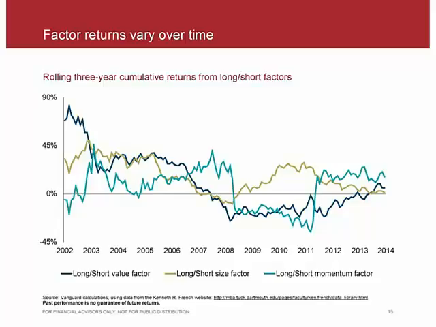To pick one as an example, the dark blue line, the long-short value factor, you can see from around 2008 to around 2014 had a negative cumulative 3-year return as a factor by itself.